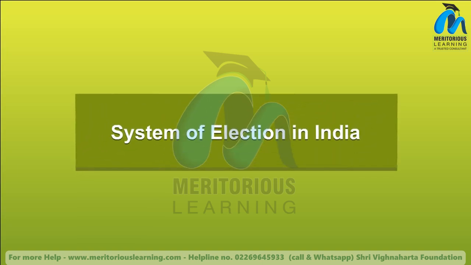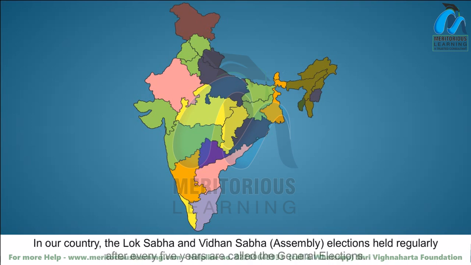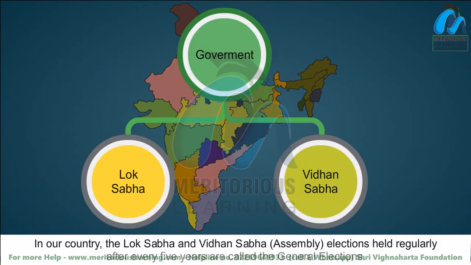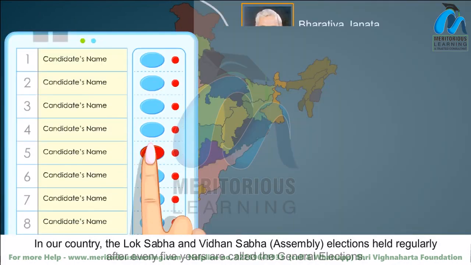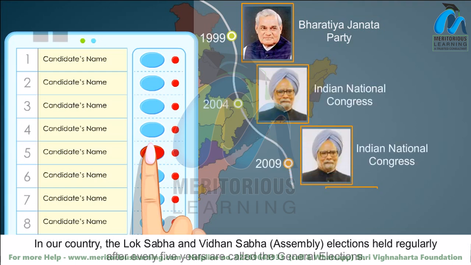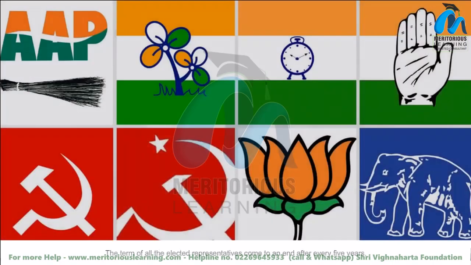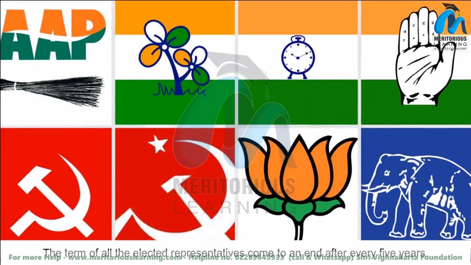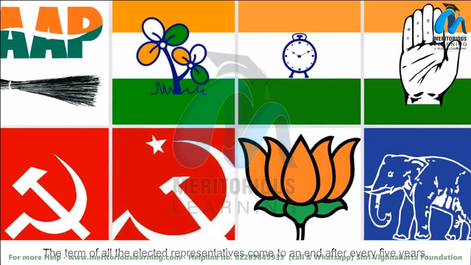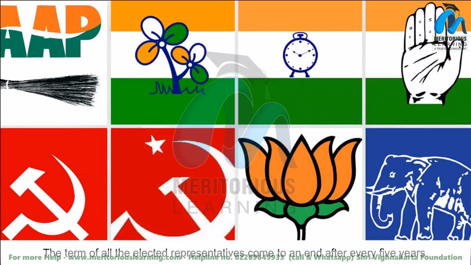System of election in India. In our country, the Lok Sabha and Vidhan Sabha assembly elections held regularly after every 5 years are called the general elections. The term of all the elected representatives comes to an end after every 5 years.